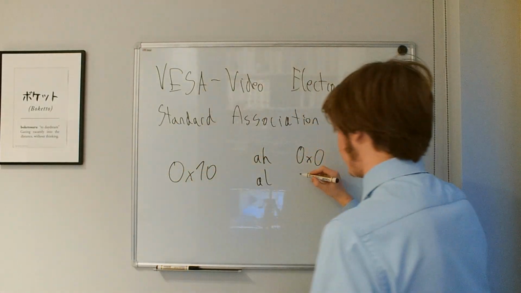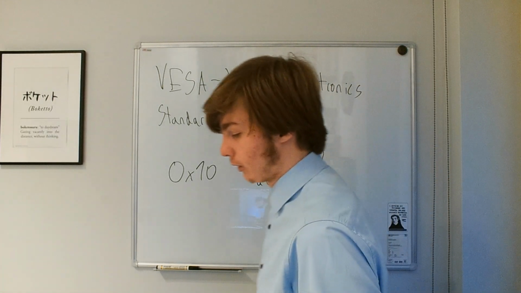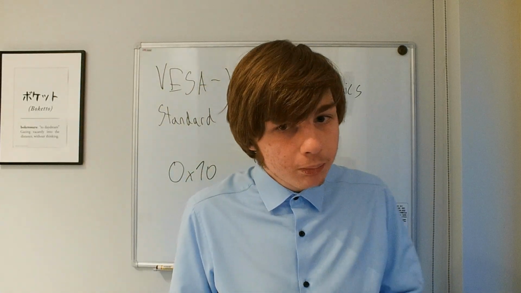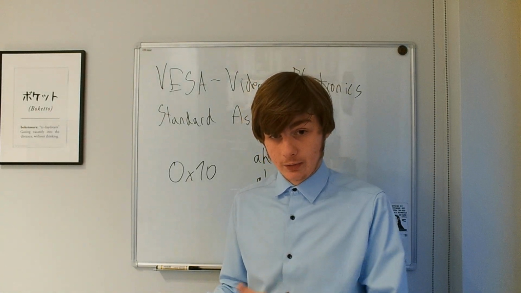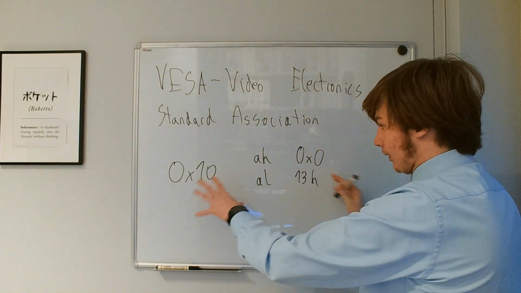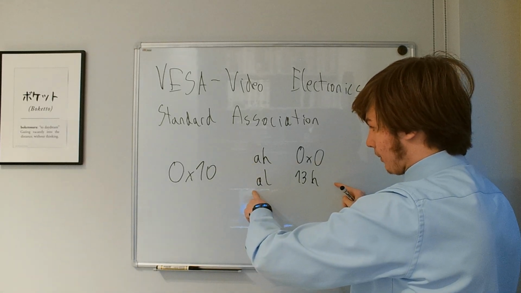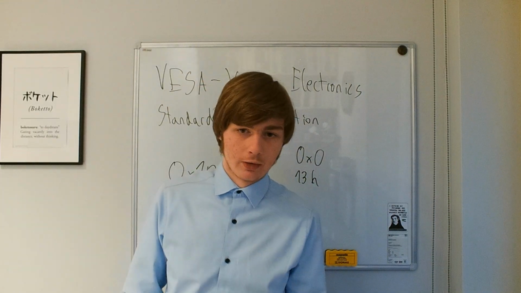So for example, you could say 13H, and then you would be in the 320 by 200 mode, and then you could write to the linear frame buffer, which has its address at 0xA0000, right? Simple instruction, simple parameter, and then you just call the interrupt, and you get to set a video mode.